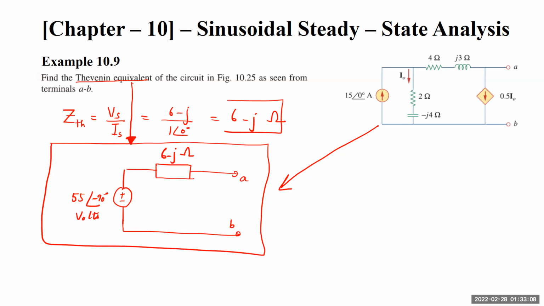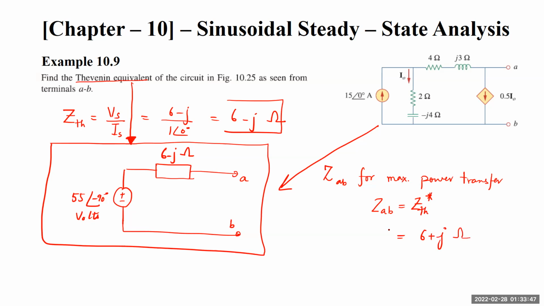Remember, in such a case sometimes you have to calculate the maximum power transfer in such a circuit. For maximum power transfer, remember that your load, the ZAB for maximum power transfer, should be equal to the conjugate of Z Thevenin. So the conjugate will be equal to this.